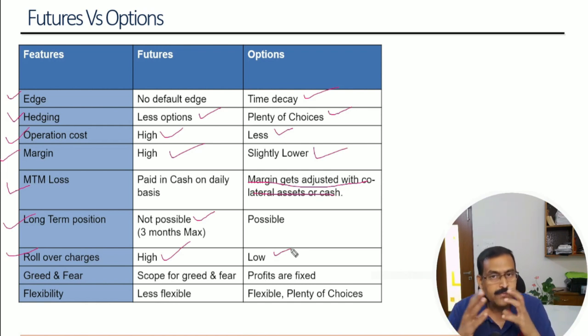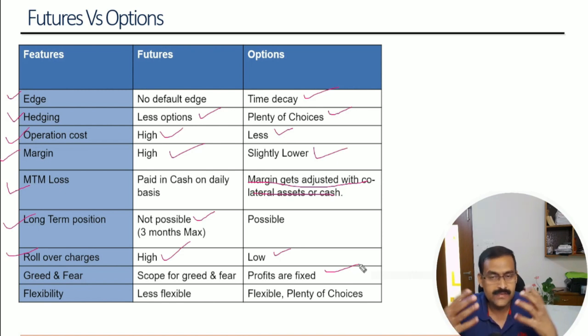Greed and fear. In case of futures trading, the greed and fear is quite high because the profit is unlimited and the loss is also unlimited. So that is why the greed and fear is quite high in case of futures. But in options, profits are always fixed, the credit or the premium that you have got.